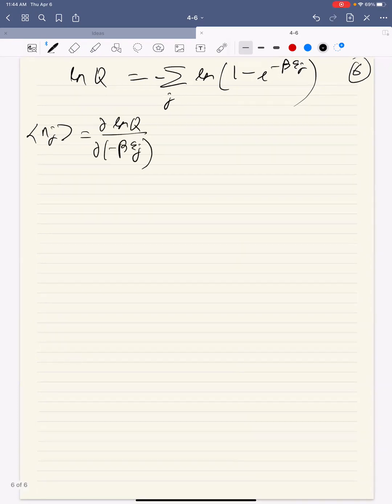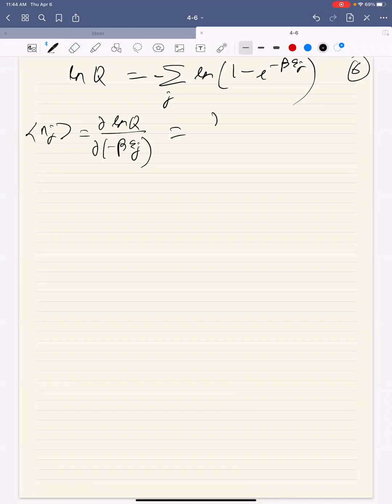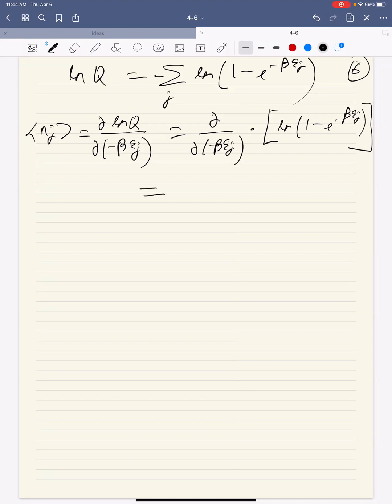So what's that going to be? That's going to be partial with respect to minus beta epsilon j, and we can totally get rid of the summation because the other j's don't matter. Whatever j you have, that's the only thing that matters. Of ln of 1 minus e to the power minus beta epsilon j. This is just one line of algebra. It's log of x, so 1 over x, and then one more derivative.